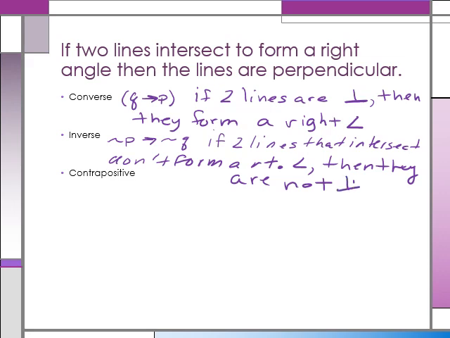The contrapositive takes the converse and negates that.